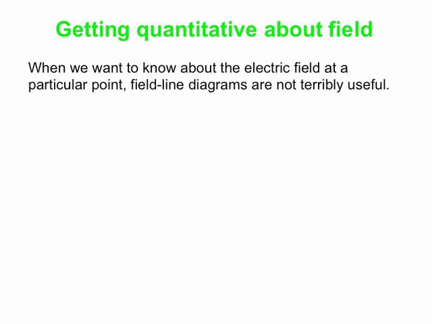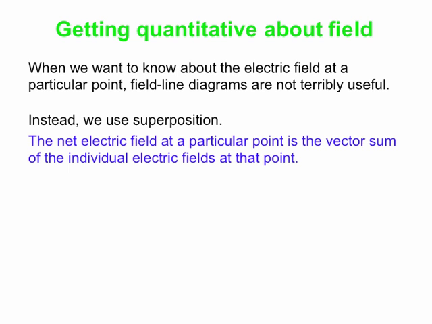So those are lovely diagrams. However, if you're asked about the electric field at a particular point, where we want to know quantitatively, to calculate exactly what the electric field is at a particular point, then you generally don't use your field line or field vector pictures. In many instances, these are not terribly useful. Instead, we use a method that we were using at the beginning of this video, where we say, here's the field due to object 1, here's the field due to object 2, and we simply add those fields as vectors.